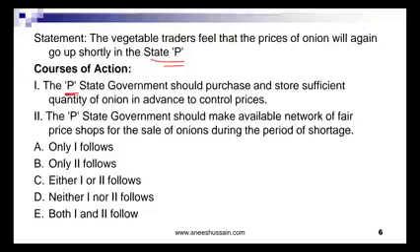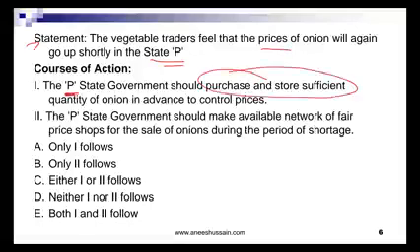The statement says the prices will go up, without even saying why. However, what should the action be? That the government should purchase and store a sufficient quantity to control the prices.